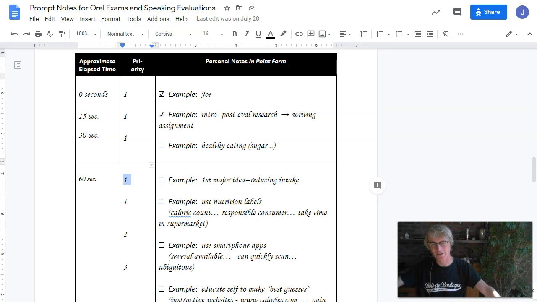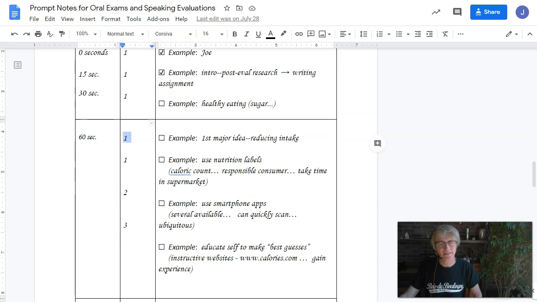It doesn't work that way in real life. And so what you do is you have this set number of expected things that you want to reach. And as you're going along, once you reach a time, you skip to the next section.